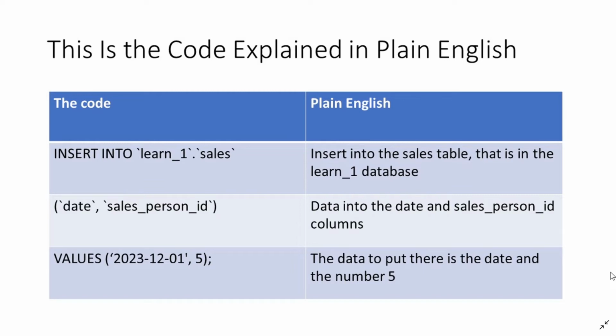The second row has the columns, so we're putting stuff in the date column and the salesperson ID column. Lastly, the values that are going in those columns. So the date one is going to be 2023-12-01, and the number for the salesperson ID is number 5.